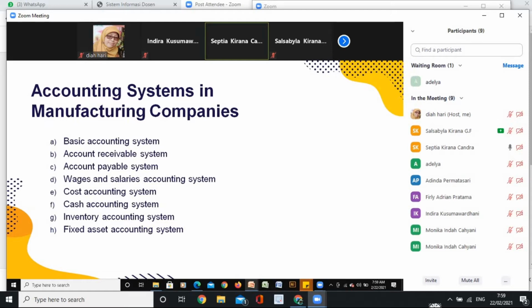To handle the company's main activity, an accounting system is generally designed, which consists of basic accounting system, account receivable system, account payable system, wage and salaries accounting system, cost accounting system, cash accounting system, inventory accounting system, and fixed asset accounting system.